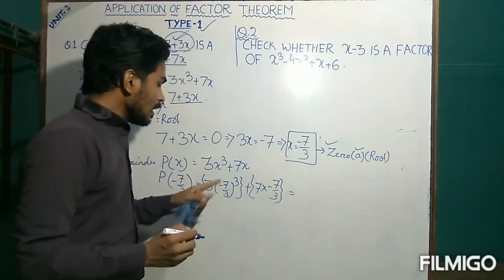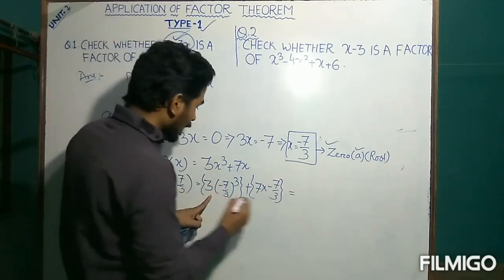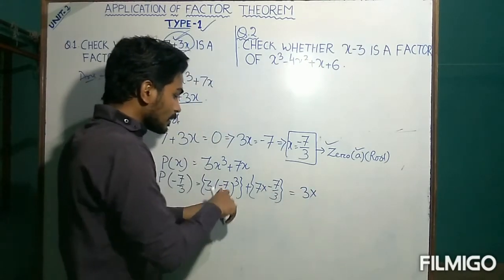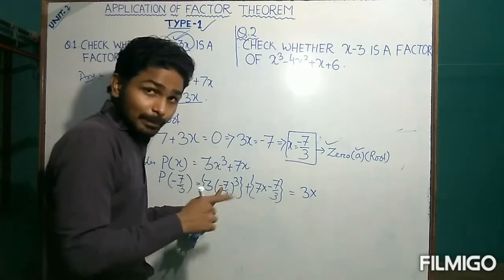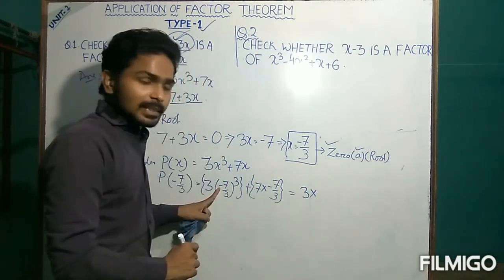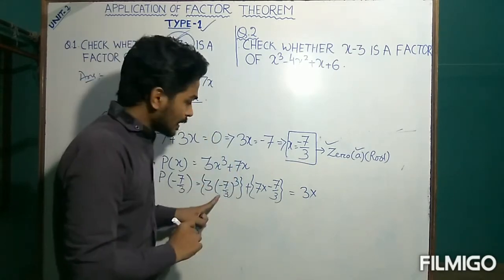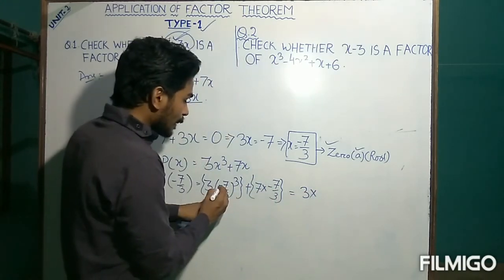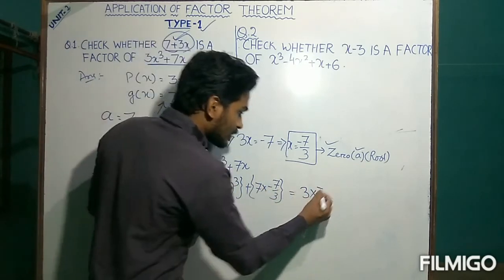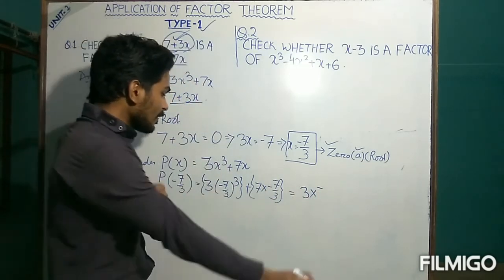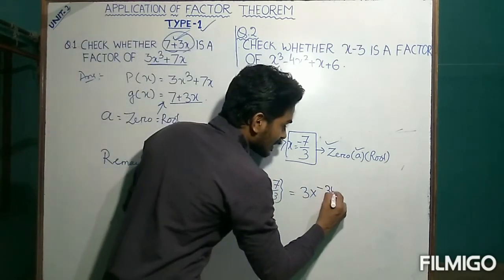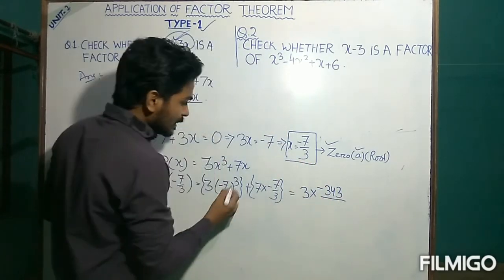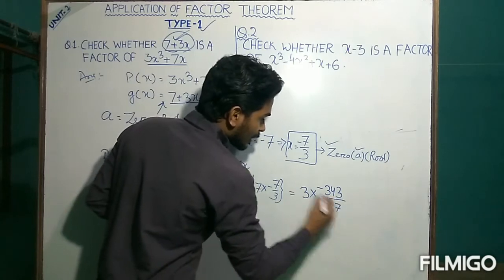While calculating the terms, you must be careful. Minus 7 is multiplied 3 times, and since minus is multiplied an odd number of times, the answer is minus. When 7 is multiplied 3 times, our answer is 343, divided by 3 multiplied 3 times, which is 27.